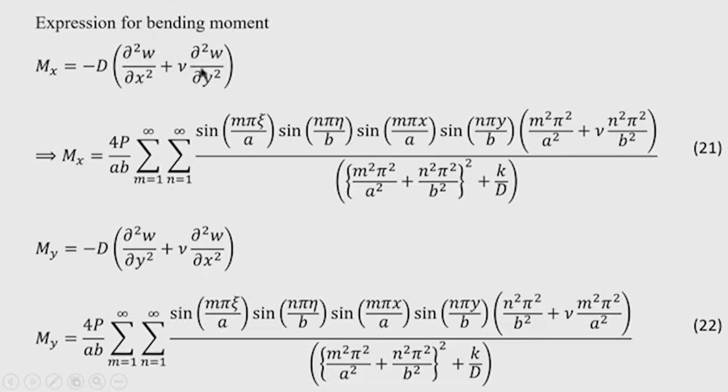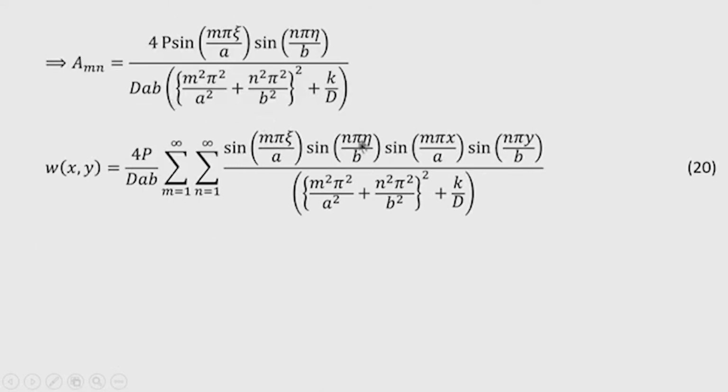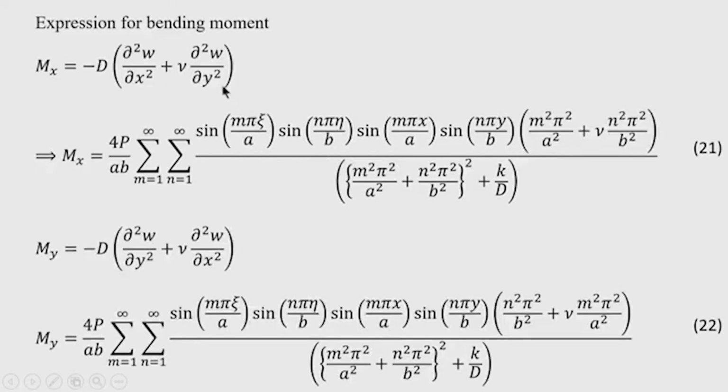We can apply that condition, and the derivative can now be evaluated, because these are constants. We only have to deal with the functions sin(m pi x by a) and sin(n pi y by b) for differentiation. Once you differentiate and put in the values, you get the quantity. So, this is the complete expression for the bending moment.